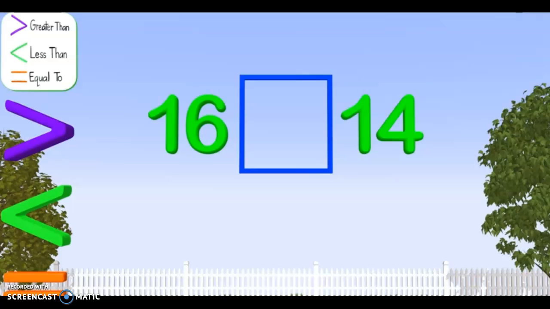The number 16 is made up of 1 ten and 6 ones. We have 1 tens place and 6 ones.